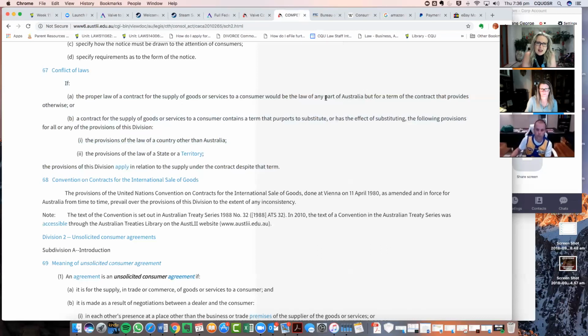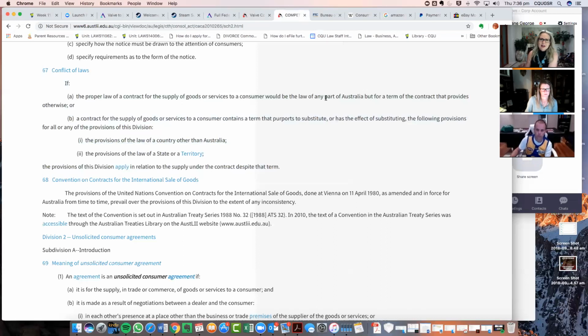And if their interpretation had held, it would mean, quirkily enough, that you could carve your transaction out of our consumer guarantees as long as you had a contract and that contract said the law was going to be elsewhere. But if you did a trade and there was nothing in the contract dealing with where the law was, then you'd be caught. They said this was a bit nonsensical.